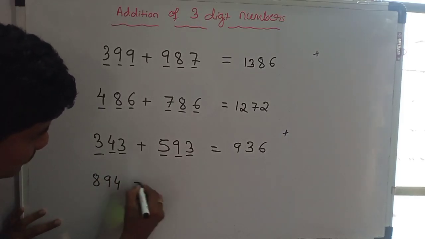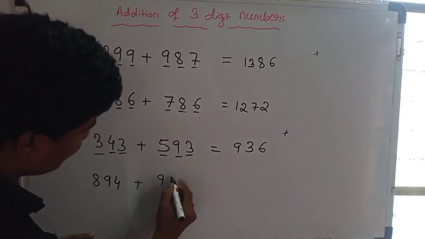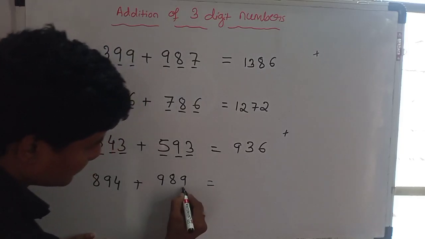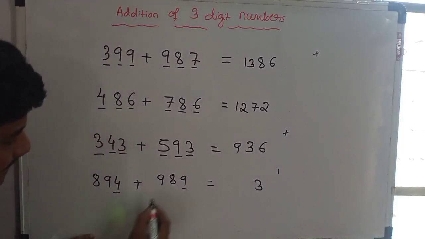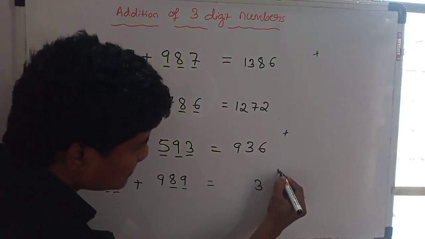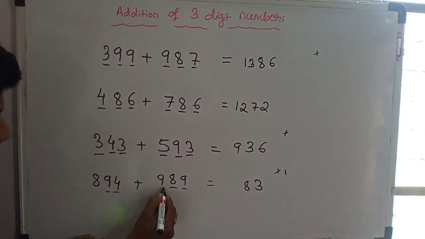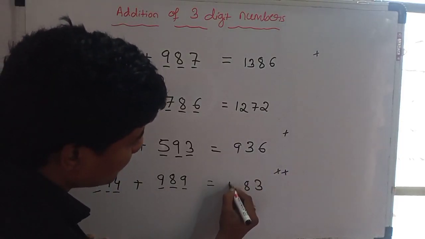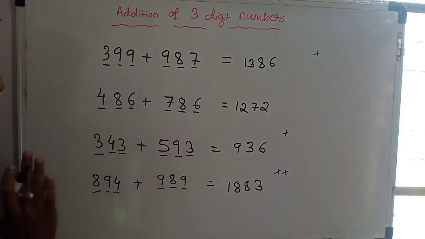Let's take the next set of numbers, 894 plus 989. 4 plus 9 is 13, carry 1. 8 plus 9 is 17, 17 plus 1 is 18, again carry 1. 9 plus 8 is 17, 17 plus 1 is 18. 1883 is the answer.